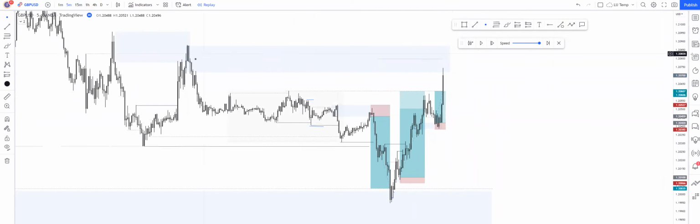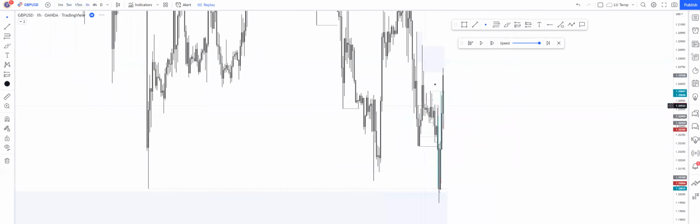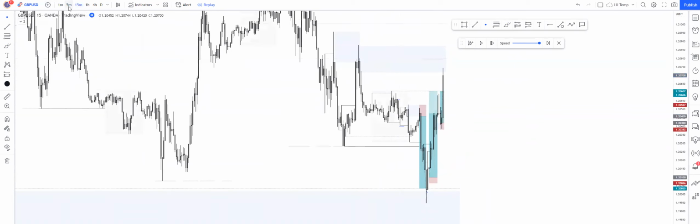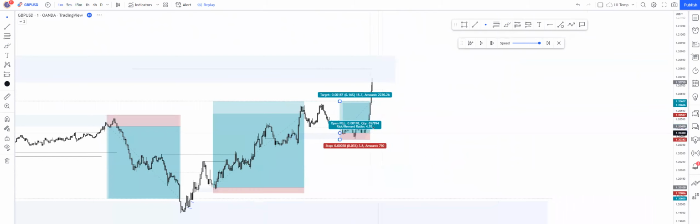So let's play this out. This is a 15-minute rejection block. So 15-minute, most logical thing to do is use the 5 and 1 minute for a confirmation entry.